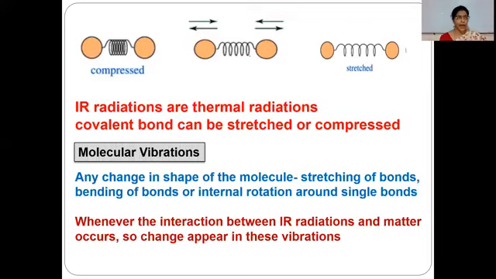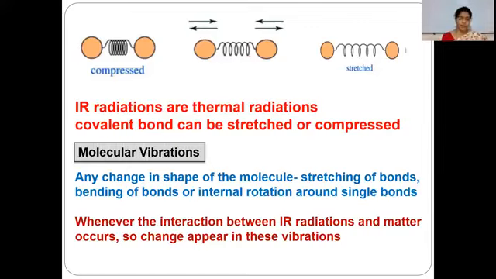these radiations are absorbed by the bond, and the covalent bond can be stretched, compressed or bent. This type of vibration of a covalent bond is known as molecular vibration. We can define molecular vibration as any change in shape of the molecule, like stretching of bonds, bending of bonds, or internal rotation around the single bonds.